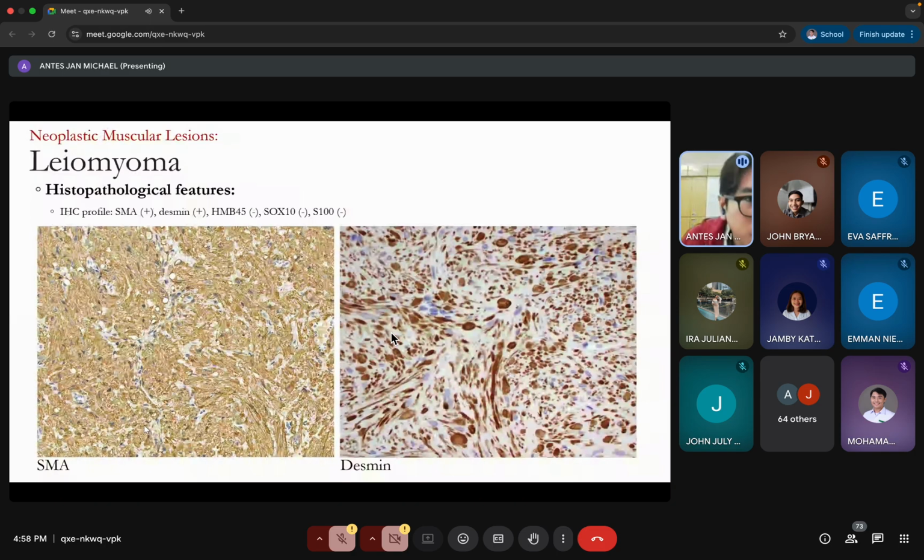As you can see here, it's negative to SOX10, negative to S100, and negative to HMB45, because these are positive in neuroectodermal cells or neural cells. So definitely it's going to be negative in muscular lesions. Positive to SMA, positive also to desmin.